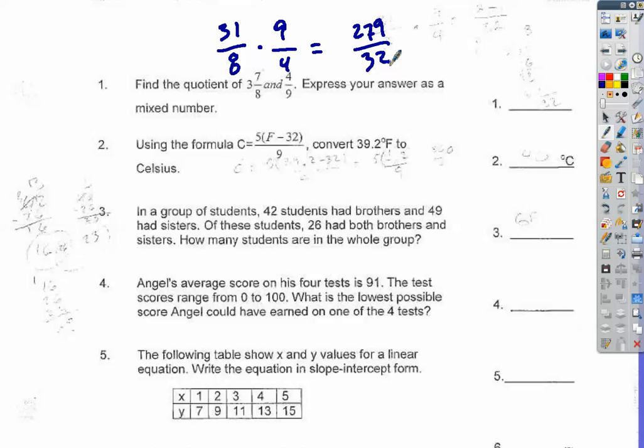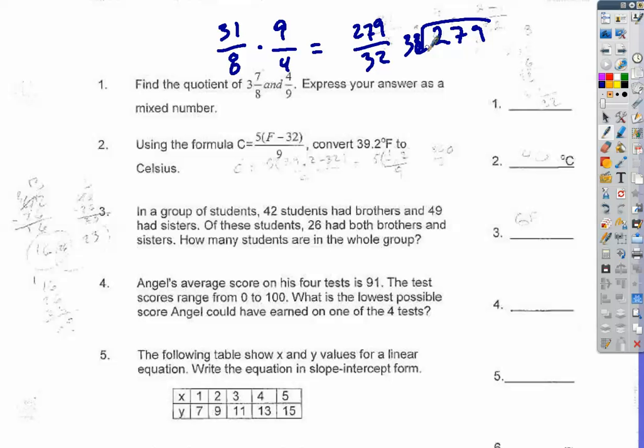How many times does 32 go into 279? So we have 279 over, okay, then we go to 32, sorry. So 32 does not go into 2, it's too big. So how many times does it go into 279? Well, it's probably going to go in about 8 or 9 times.